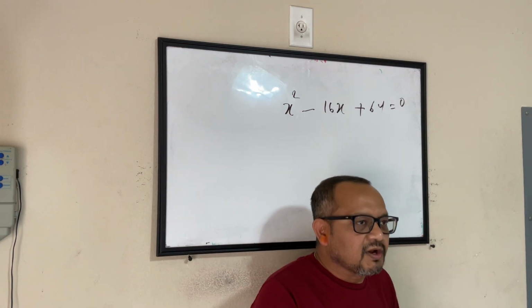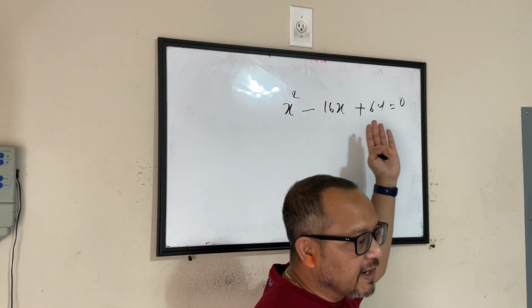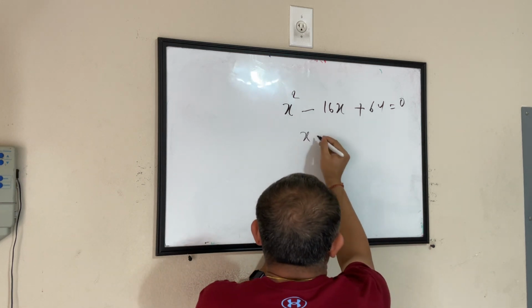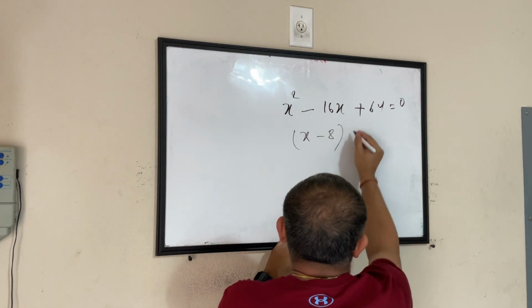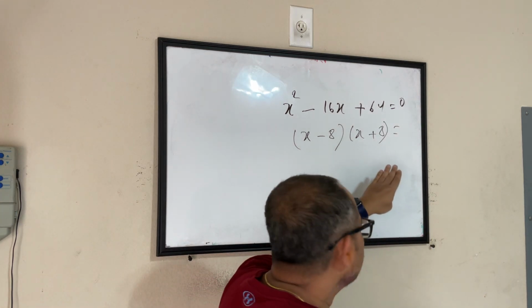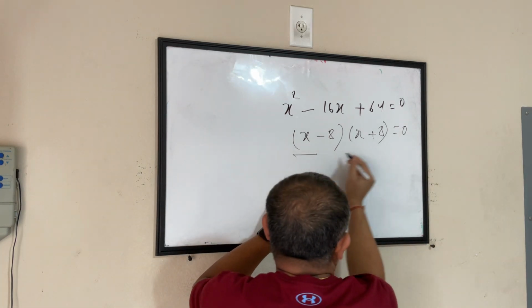The only thing that we always look at is converting this into factor form. I'm just making it up, okay? If I say this becomes x minus 8 into x plus 8, this is completely wrong, I know it.